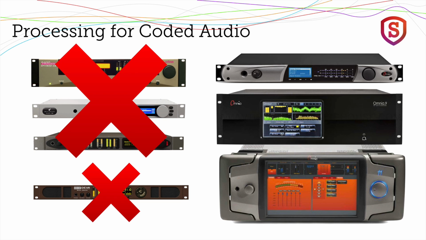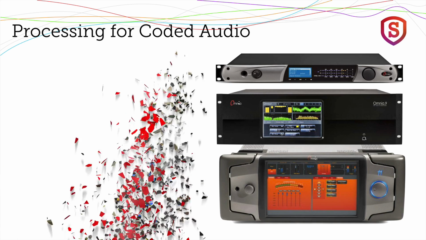Now, if you happen to have an Omnia processor that is set up not only for FM, but for, say, HD processing, well, that processor, the HD, can work very well for a coded audio stream because, after all, HD radio is coded audio. So the processors shown on the right, each can do this either with a different software load or an optional usage of the internal processing functions.